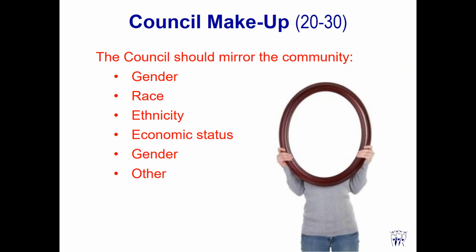If you have a Hispanic population in your community, we want to make sure that there are Hispanic folks on your council. If you have free and reduced lunch students in your school, we want to make sure that there are free and reduced lunch students and parents on your council. So as you're putting together your council, think about the different makeup of your community, and we want to mirror that makeup on your council.